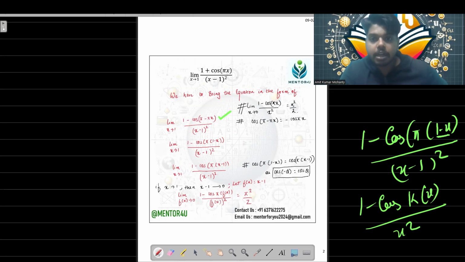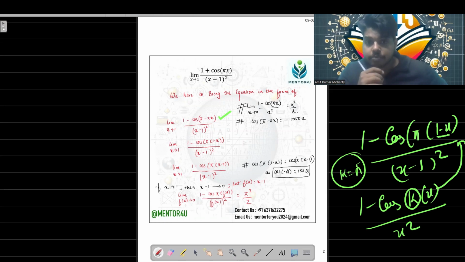So comparing, the k value is π, and the x value is 1 minus x, or I can also say it is x minus 1. Clear? If in the denominator it is (x minus 1) whole square, I can also write it as (1 minus x) whole square, because (a minus b) whole square and (b minus a) whole square are the same.